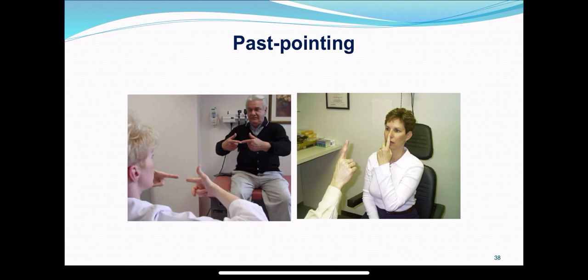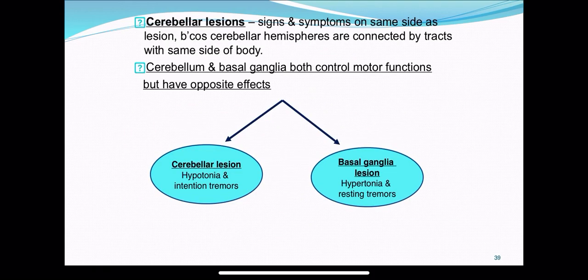He or she should be able to touch the tip of one index finger to the tip of the other. Of course, with the eyes open we'll be able to do it. The patient should be able to do it with eyes closed. Only then can you assess the integrity of the cerebellar function. So this is known as past pointing.